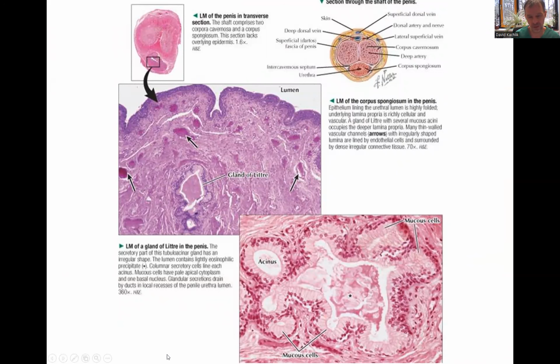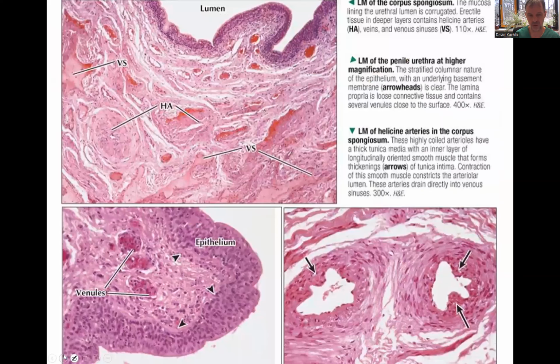So here we can see the tuboacinar gland of Littré. So these are the urethral glands of Littré. So you can see nicely the acinus, but the acinus contains mucous cells, not serous.